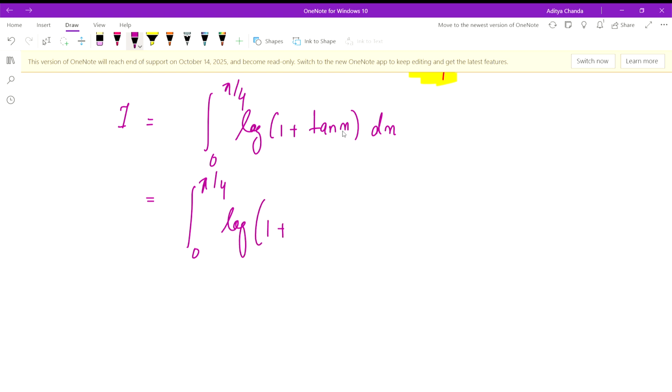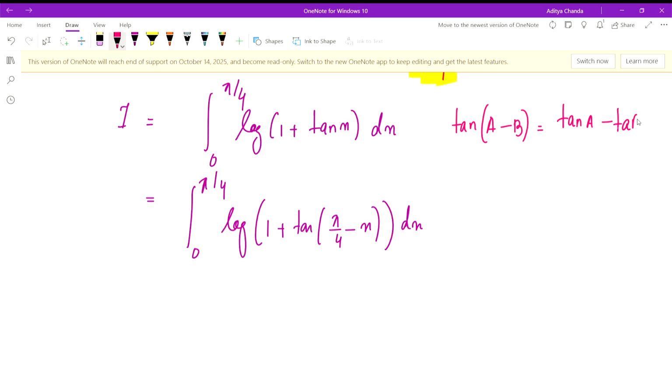In place of x, I'll write pi by 4 minus x and dx. Now I hope you all know this formula from class 11 standard: tan of a minus b is tan a minus tan b upon 1 plus tan a tan b.